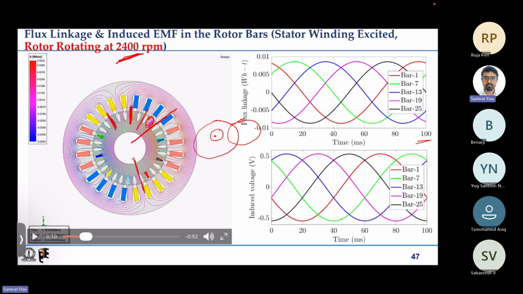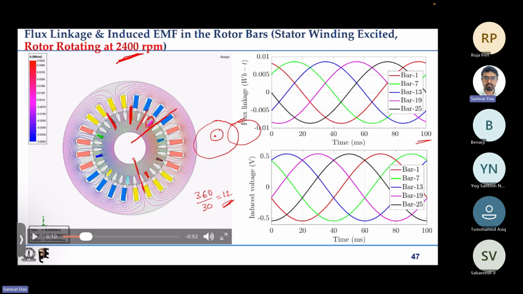If we have 30 slots here, 360 degrees divided by 30 is 12 degrees, so 12 into 3 is 36. If the flux linkages of different rotor bars are plotted, we expect them to be phase shifted from each other by 36 degrees. And if the flux linkages of all the bars are plotted, because the angular displacement is 12 degrees, they will be 12 degrees phase shifted from each other.